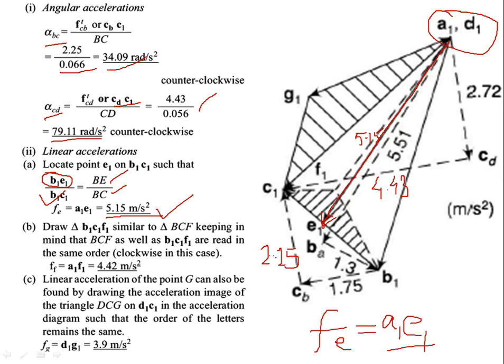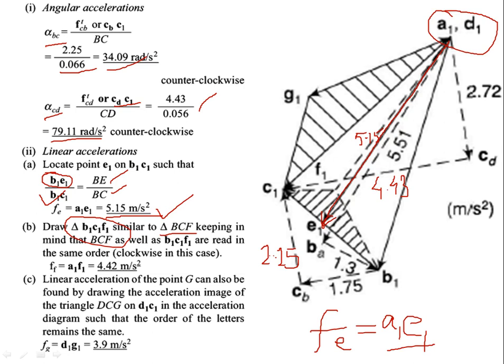Ternary link BCF is a triangle. Okay. So that you have to take a triangle now B1 C1 F1 triangle. You have to draw similar to triangle BCF, how you have drawn in the link there. So keeping in mind that BCF as well as B1 C1 F1 are read in the same order, that is clockwise in this case.